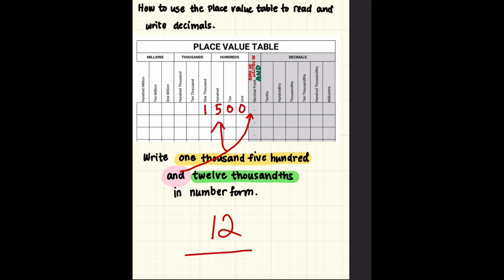So let's write down the 2. Now there is a gap. What do we do with the gap? We insert a 0. And there you have it. Now you have written 1,500 and 12 thousandths. So this one is that.